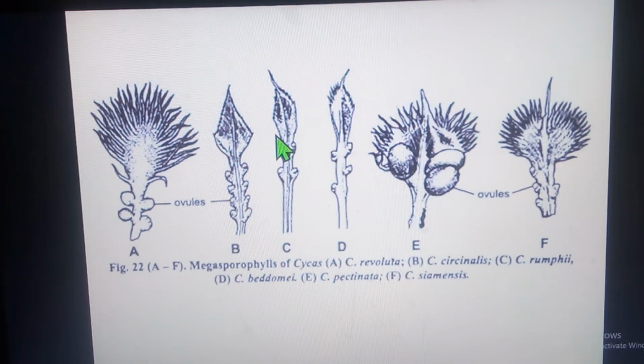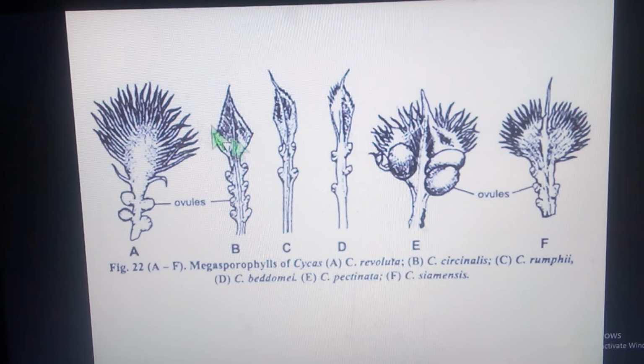Now the Megasporophylls in some Cycas plant species are very long and the ovules are many, which are attached in pairs. In some Cycas plant species the ovules are small, whereas in others they are very big.